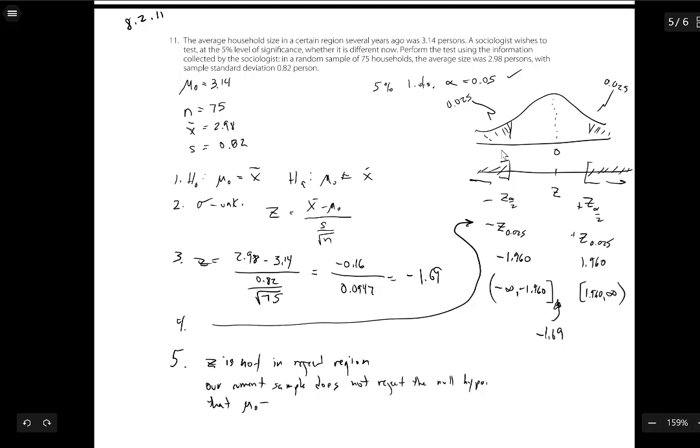Thus, I guess we should say that at the 5% level of significance, it's not reject. Okay.